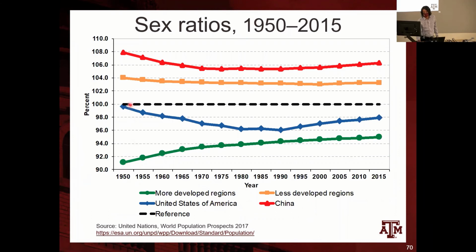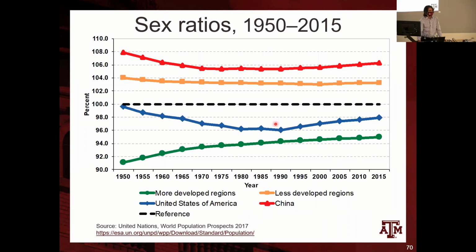So here, for the US, 1950, I got the number of men divided by the number of women, multiplied by 100. Back in 1950, the number of men and the number of women in the US was really similar. That's why we got 100 here, 100%. So this is the reference line here.